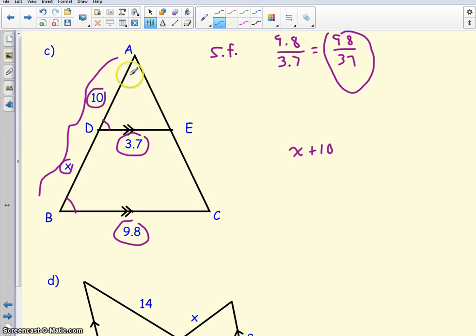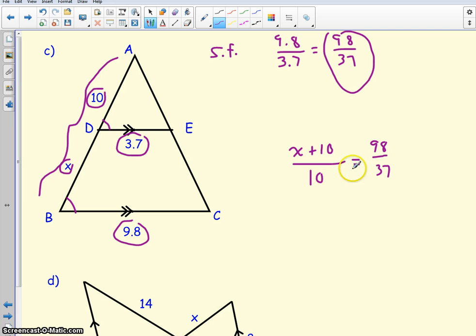My smaller triangle, this one right here, side AD, has a side length of 10. So I have x plus 10 over 10 as my ratio there, and that's going to be equal to 98 over 37 for my scale factor. Okay, so it's a little bit weirder when you see the final equation, but just notice here that, again, this length right here, DB, is x, AD is 10, so together for that whole length it's going to be x plus 10.